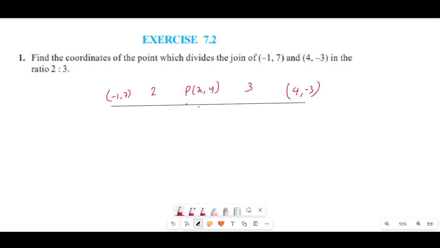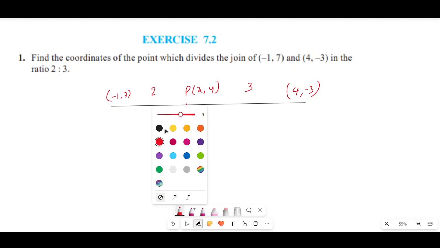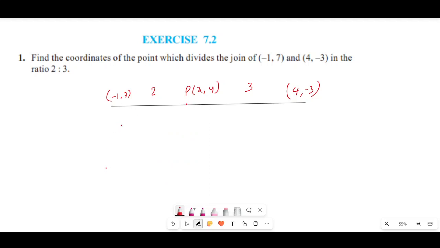Now with the help of the formula we can find this. Here we will solve. What is the value of x? That is very simple, because we have a trick.